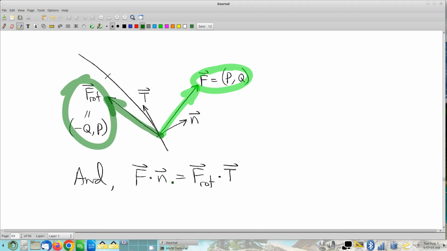An easy pitch on why that's true, notice that this dot product is 0. That means that right away shows that these two vectors are perpendicular, and then you can also notice that they have the same magnitude, right? So if they have the same magnitude and one's perpendicular to the other, then one's a 90-degree rotation of the other. You buy it?